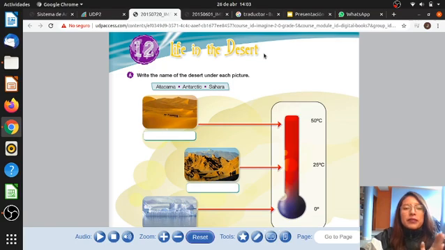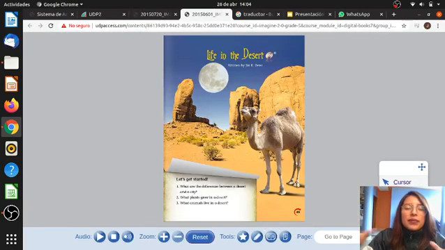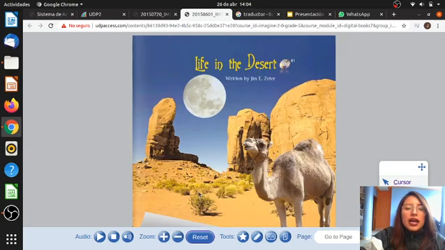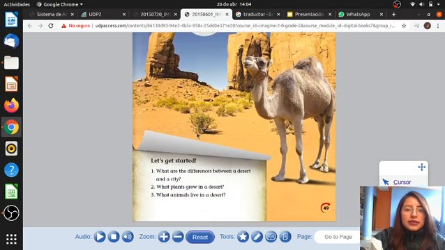Now please open your reader book, your small book. Ahora, para hacer esta actividad necesitamos el libro de lectura, el pequeñito. Open your reader book on page 49. You have to listen and you have to do the activities.